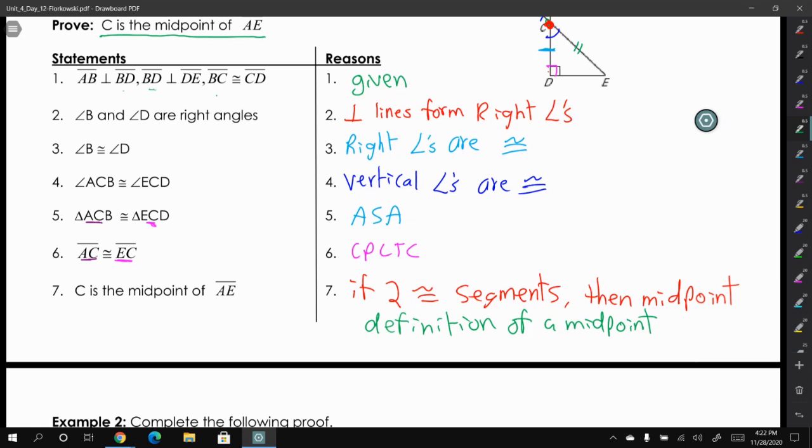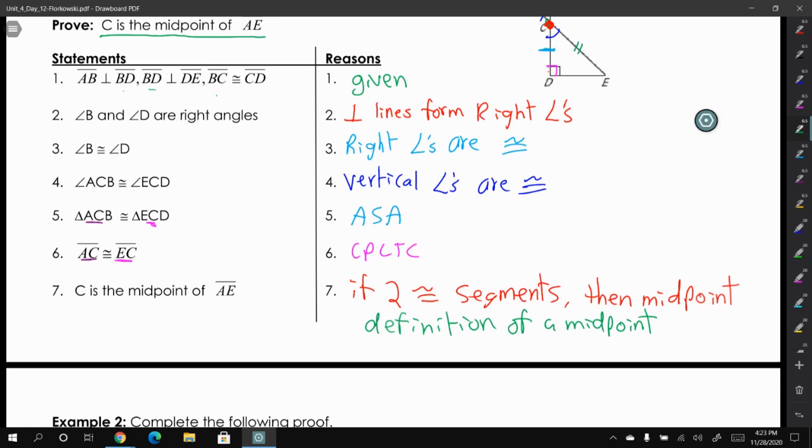It's the converse of that, so I don't always like to use that because it can be confusing on when to use which one. So we took our triangle congruence theorem further to talk about corresponding congruent parts, and then based on that we were able to make another statement and justify it.